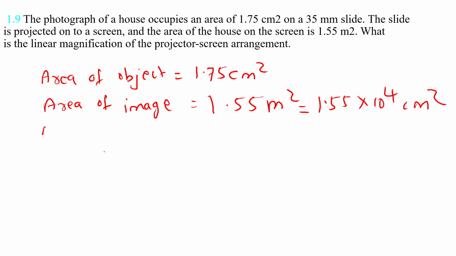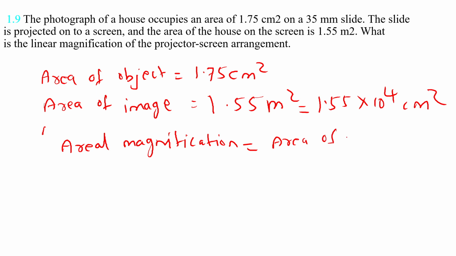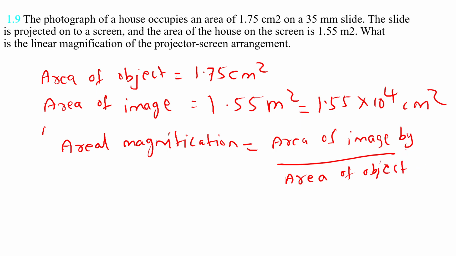Right, so first we will go with the aerial magnification. Aerial magnification is equal to the area of the image divided by the area of the object.